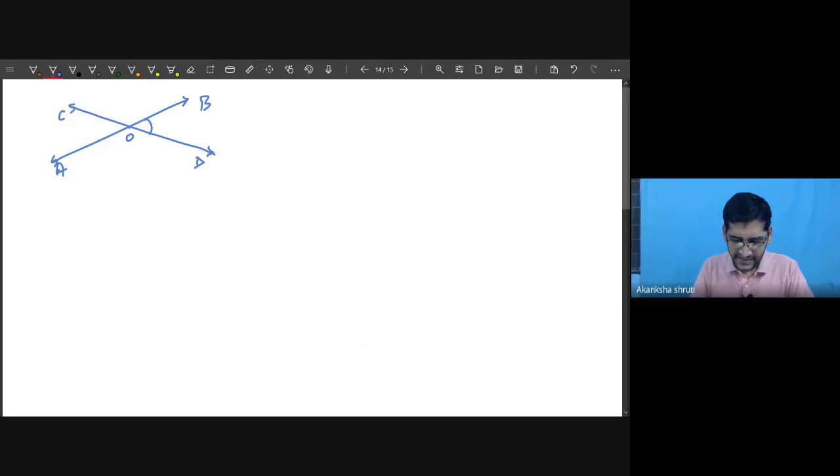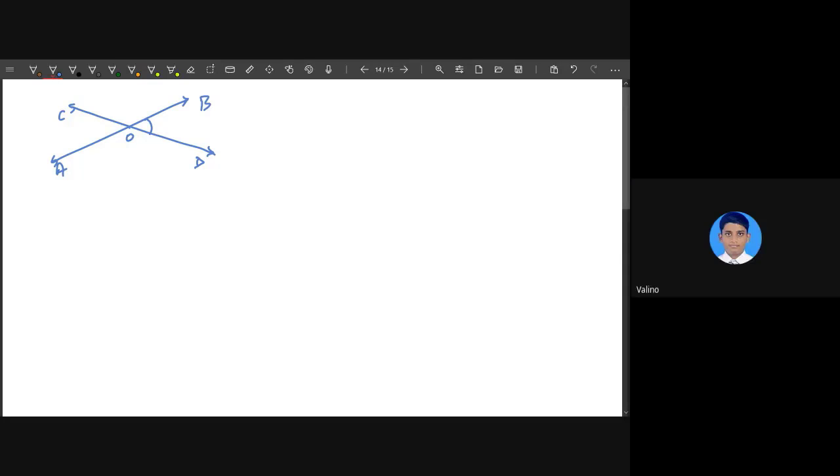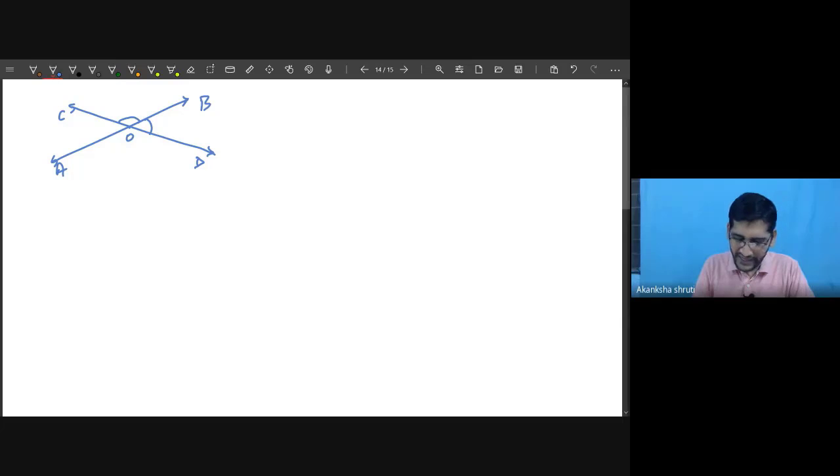One angle is BOD, another AOD, another AOC, another BOC. So total 4 angles are formed. Let us call these theta 1, theta 2, theta 3, and theta 4.